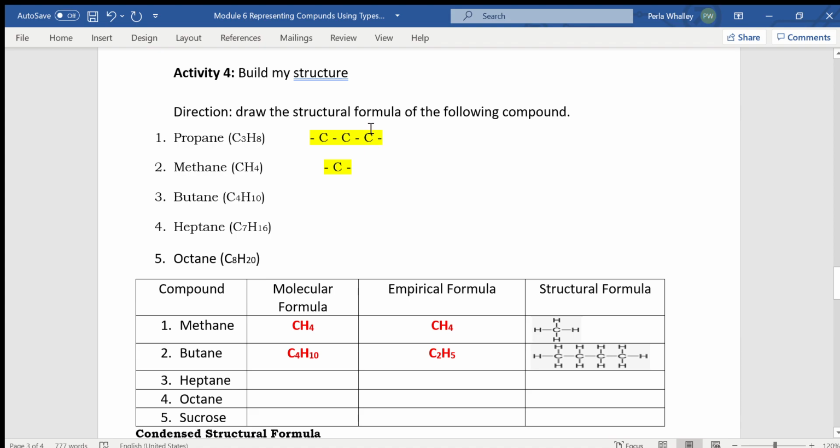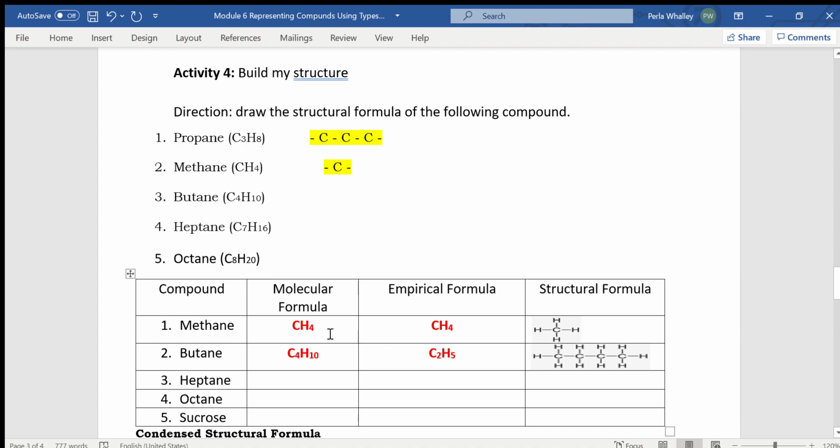We put 1 on top and 1 below. So for each of this bond, there is a corresponding H. Okay, so we have here 1, 2, 3, 4, 5, 6, 7, 8. So that is propane. And methane, we have it here, the structural formula.